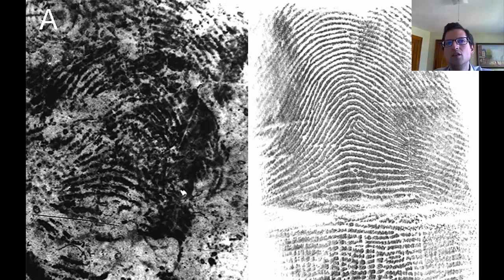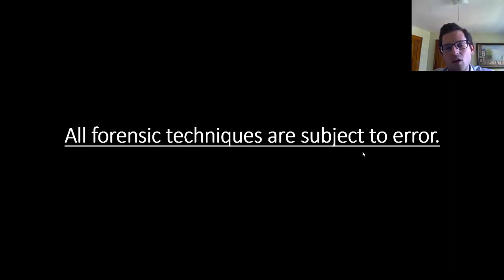In fact, the conclusion I want to impress on you from this case of Brendan Mayfield is this: all forensic techniques are subject to error. These are possibly human error of people who make mistakes in assessing them. These could be that the evidence collected is of poor quality or contaminated, but there is just no single technique which is absolutely perfect and foolproof.